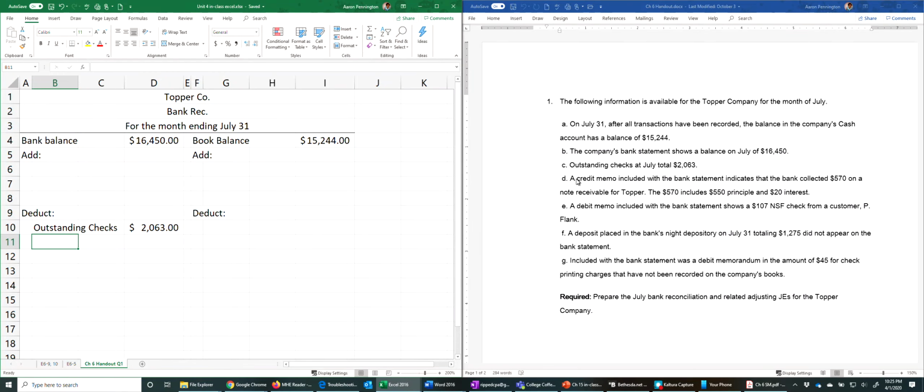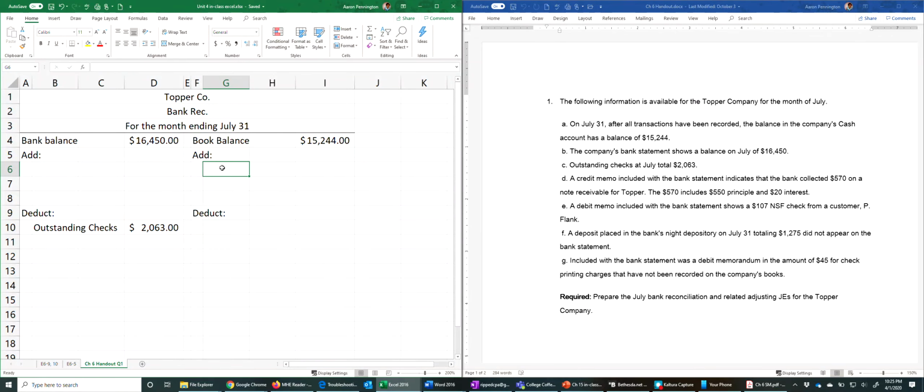D. A credit memo included with the bank statement indicates the bank collected $570 on a note receivable for Topper. The $570 includes $550 principal and $20 in interest. So the bank collected $570 on behalf of Topper Company.